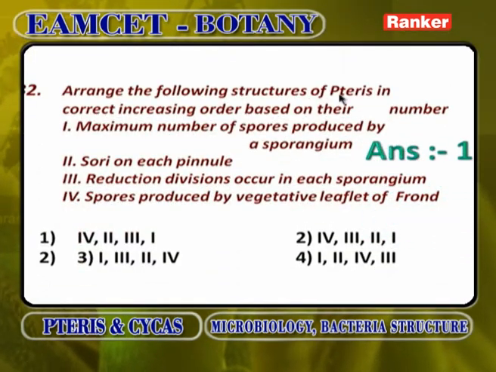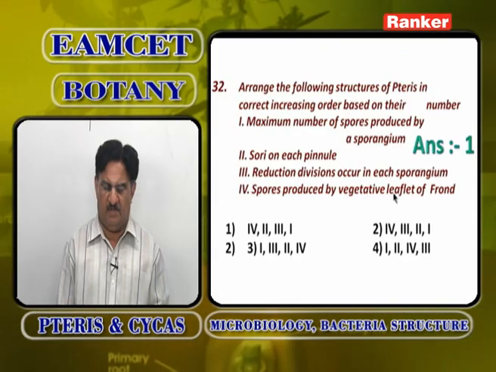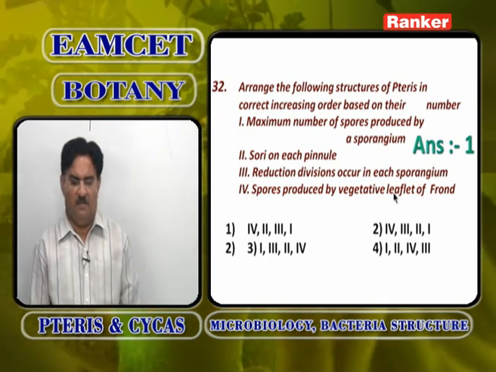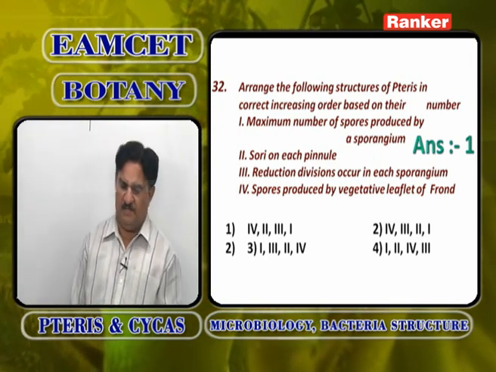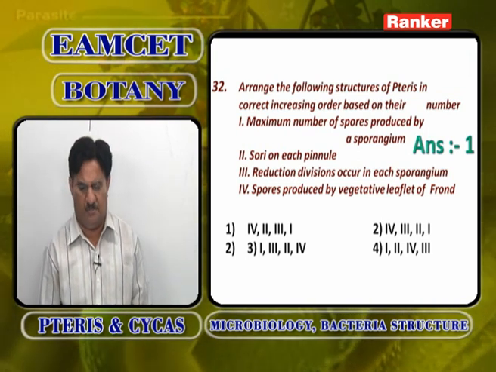Arrange the following structures in Pteris in correct increasing order based on their number. Maximum number of spores produced by sporangium is 48. Sori in each pinnule is many. Reduction divisions that occur in each sporangium is 12. Spores produced by vegetative leaflet of frond is 0.